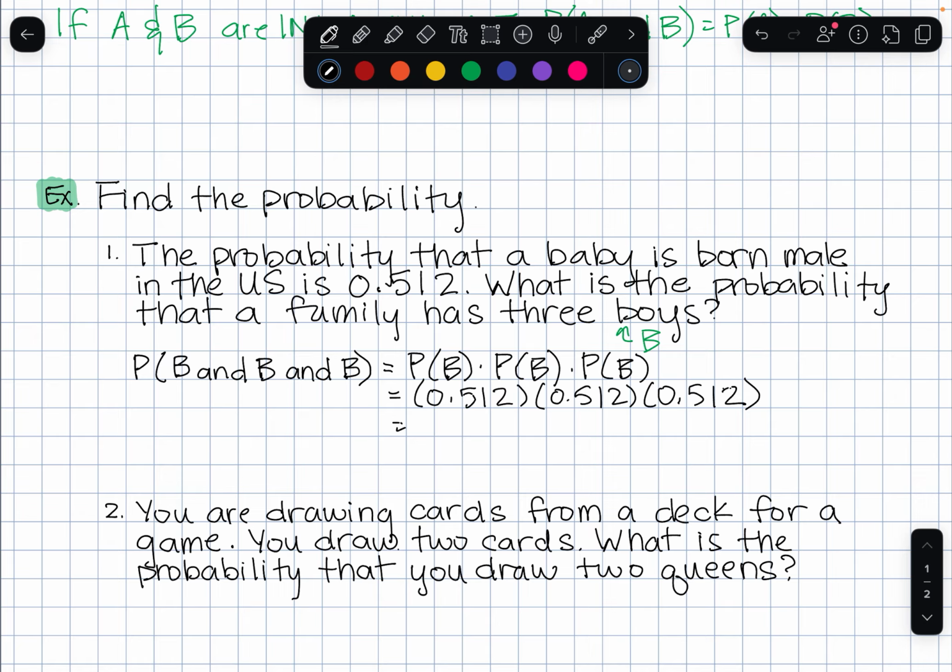And when I do that on my calculator, I get 0.1342. As I mentioned in a previous video, we typically round our probabilities to 4 decimal places. So if this family has 3 boys, there is a 13.42% chance that that's going to happen.